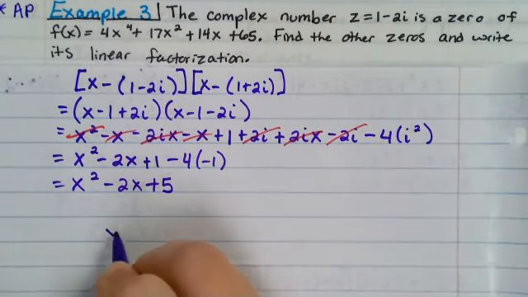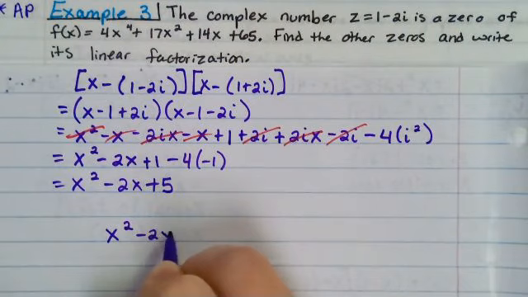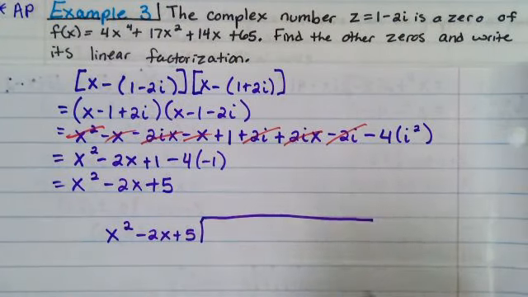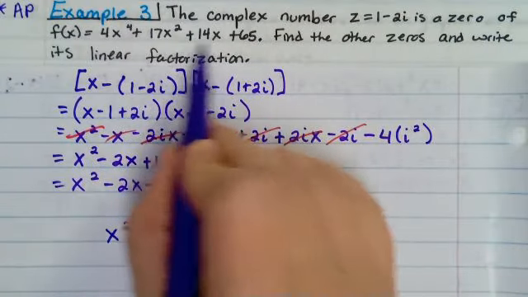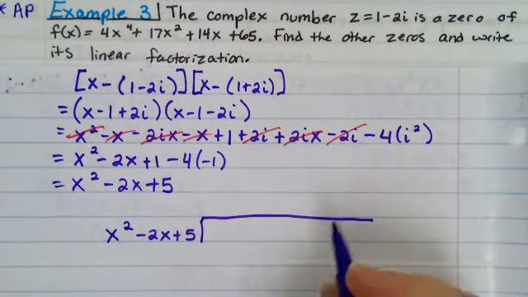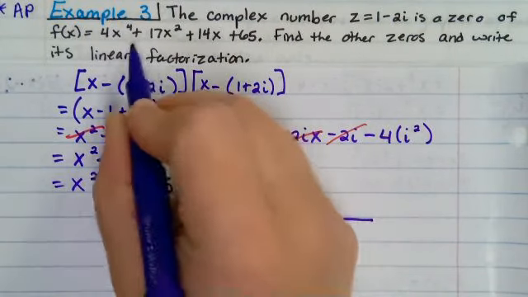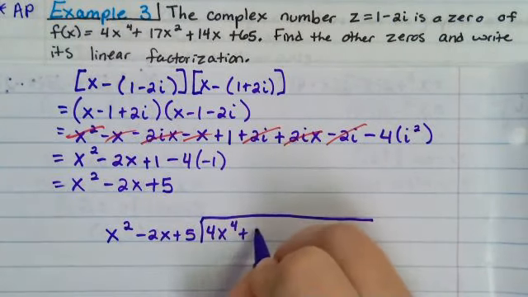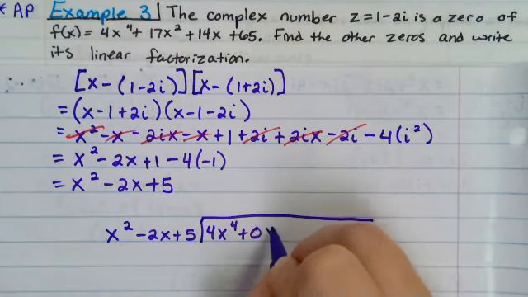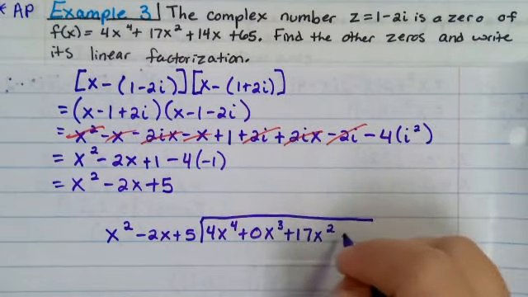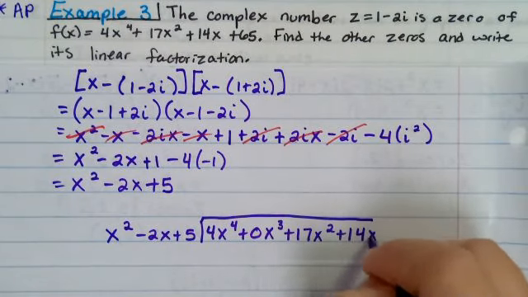So let's do that. We have x squared minus 2x plus 5. We're going to divide that into this function up here. Now be careful because there's a missing value. There's 4x to the fourth, but then they don't put a cubed term. So put 0x cubed. Then we have plus 17x squared plus 14x plus 65.